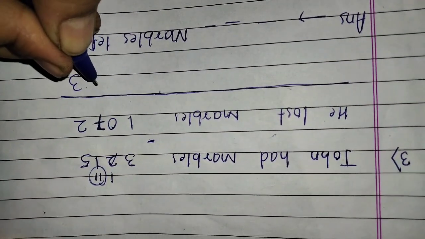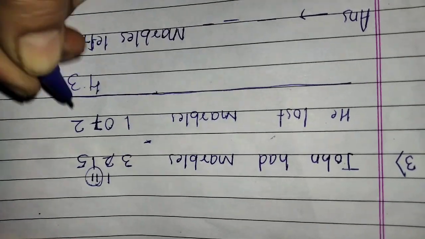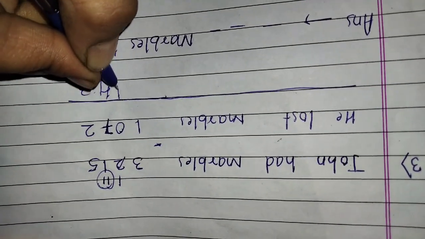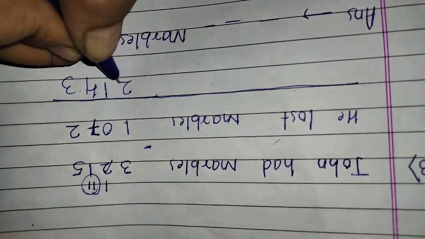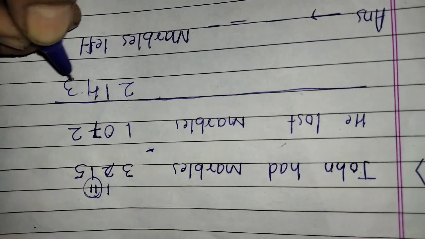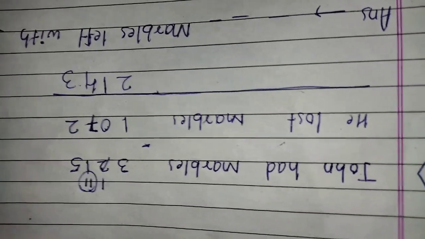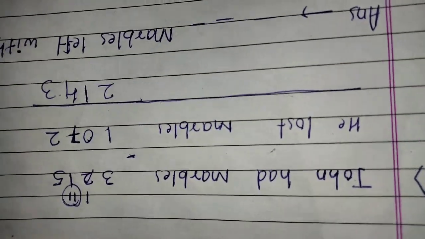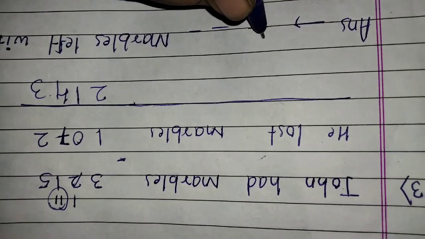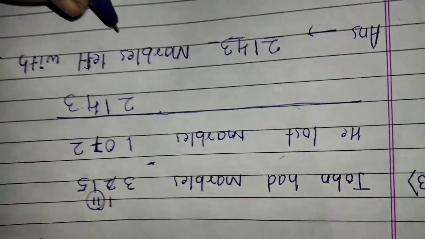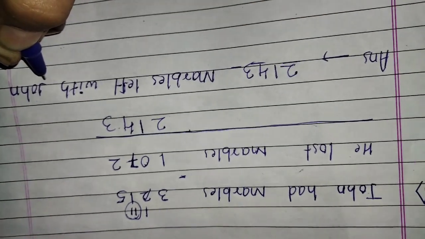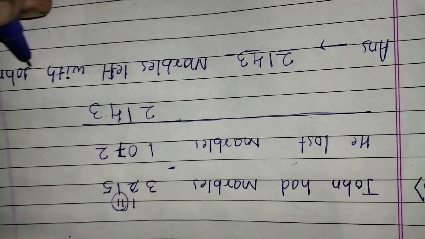Here 4. 1 minus 0, 1. 3 minus 1, 2. 2,143 marbles are remaining with him. 2,143 marbles left with John.